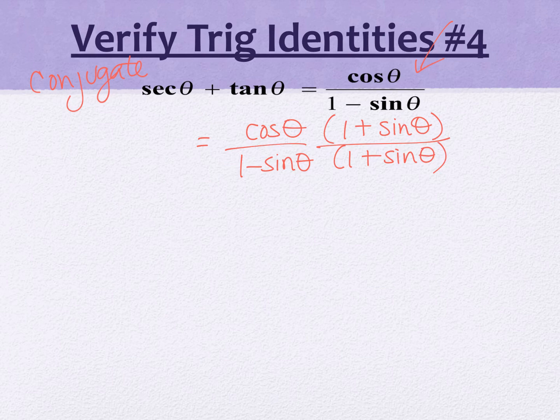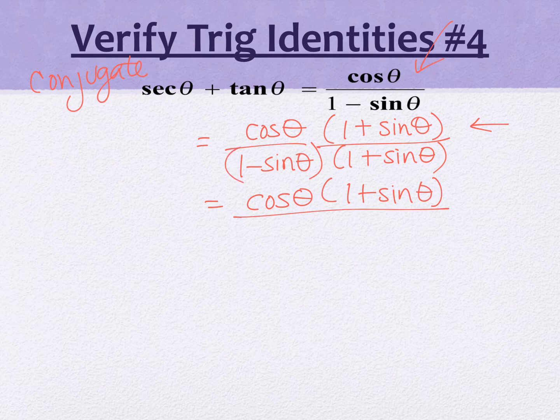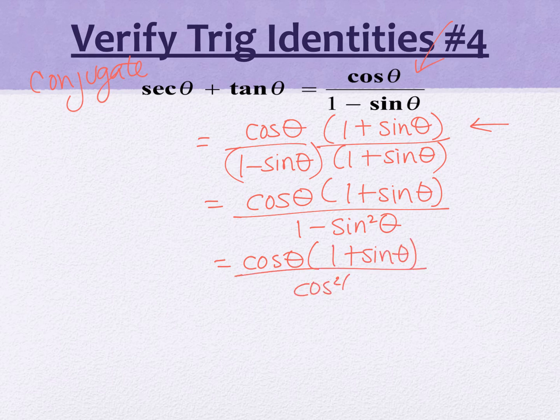This time I'm just going to leave the numerator in factored form again in case something will simplify. And let's take a look at what happens to the denominator. So it is a basically backwards difference of two squares, so it becomes 1 minus sine squared, and 1 minus sine squared is cosine squared. So this becomes cosine times 1 plus sine over cosine squared.